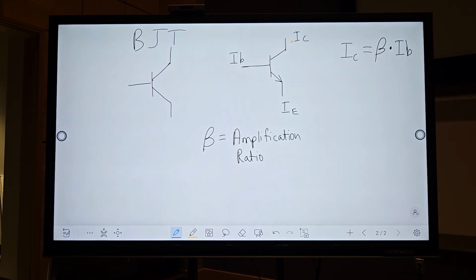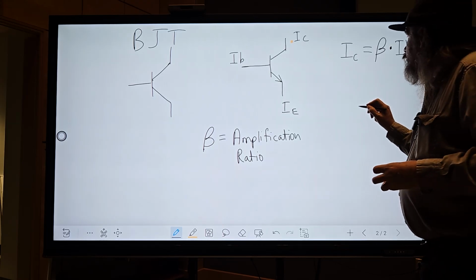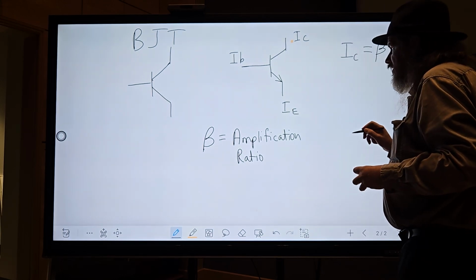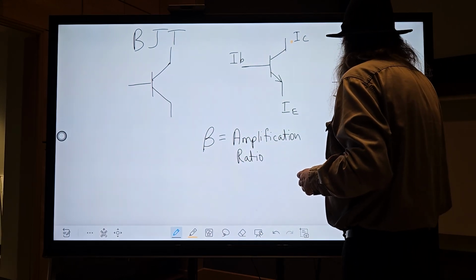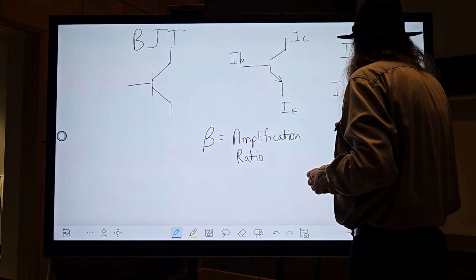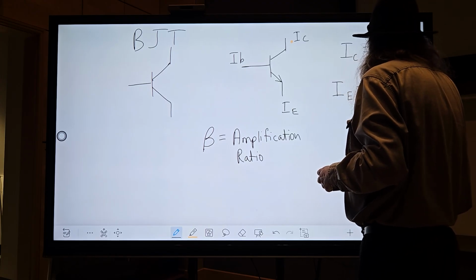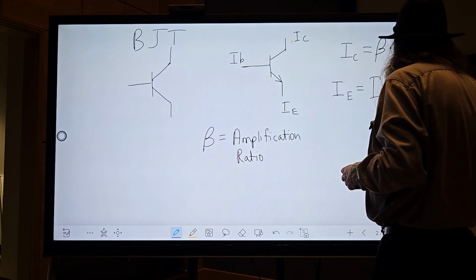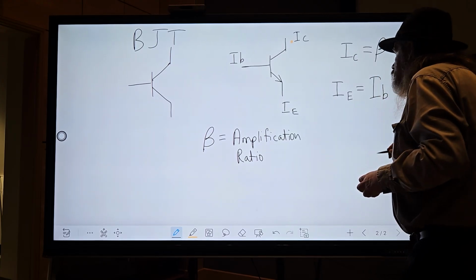Beta may be 100, it might be 50, any kind of number. And then IE, the current coming out of the emitter, is IB plus IC.